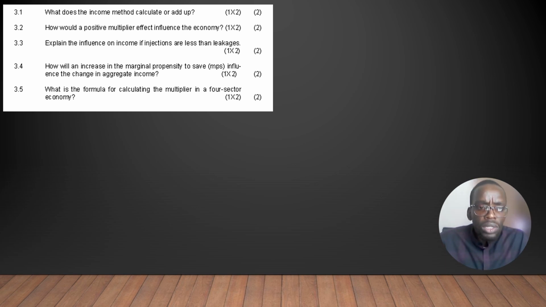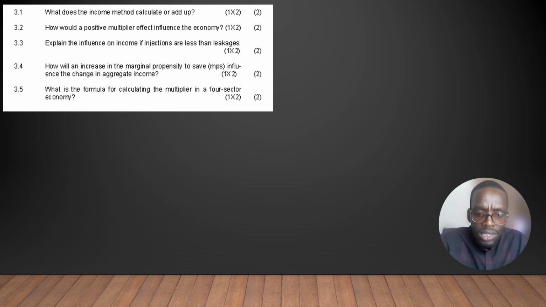Okay, right, so let's quickly go through the questions together, and as we go through the questions, I'll ask you to listen carefully to what we are going to be explaining and clarifying, and then you will also be synchronizing it with your answers there. So the first question reads, what does the income method calculate?